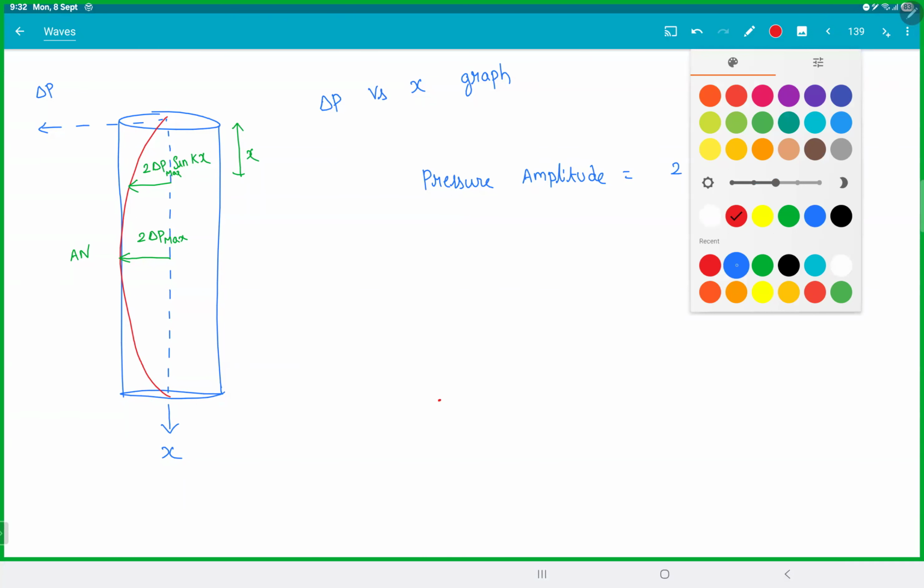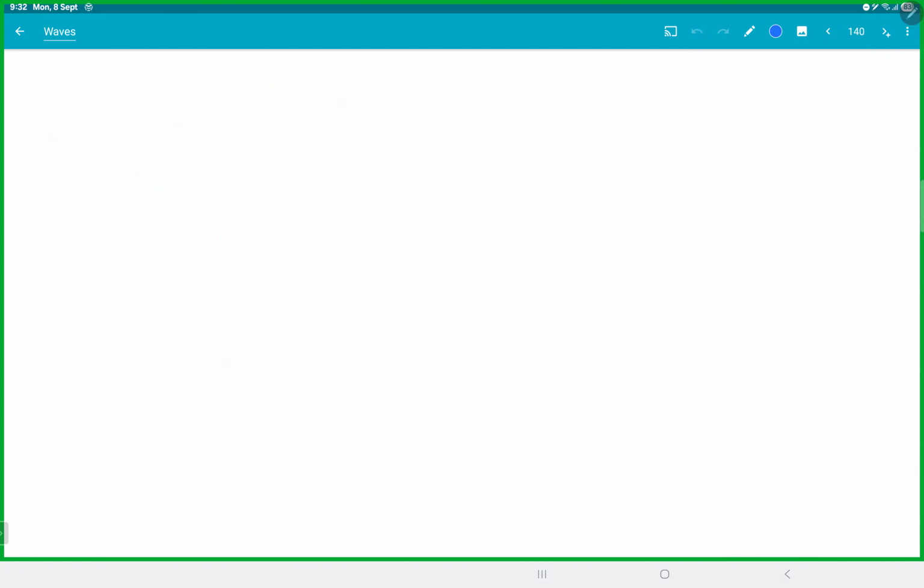What is the second possibility? Second case. Open, closed. So the open end is a pressure node. This will be a pressure antinode.